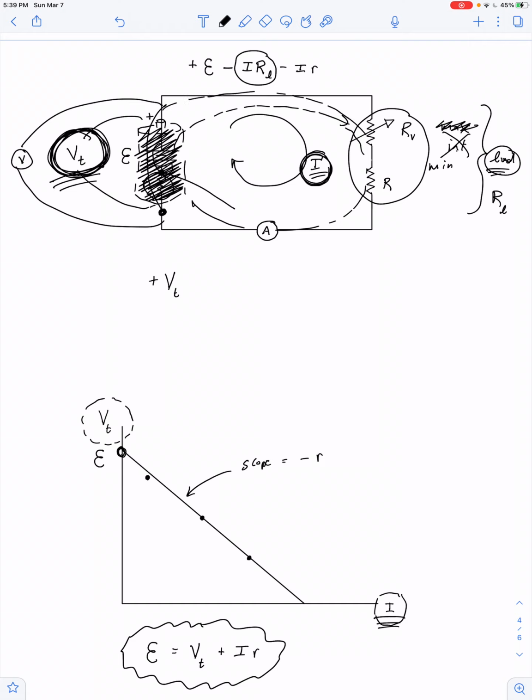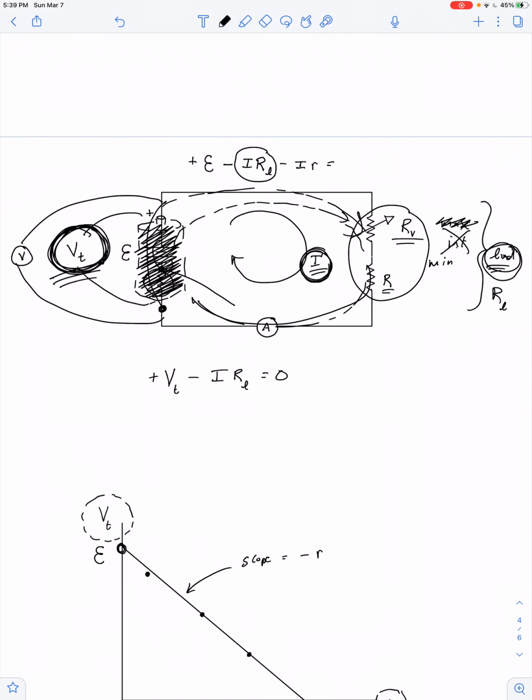The next thing we get to in our circuit is the combined load, which is the variable resistor and the fixed resistor. So minus I times R load. And then we're back to where we started. And so we can say that equals 0. Oh, by the way, I've left off the equals 0 in our first case.